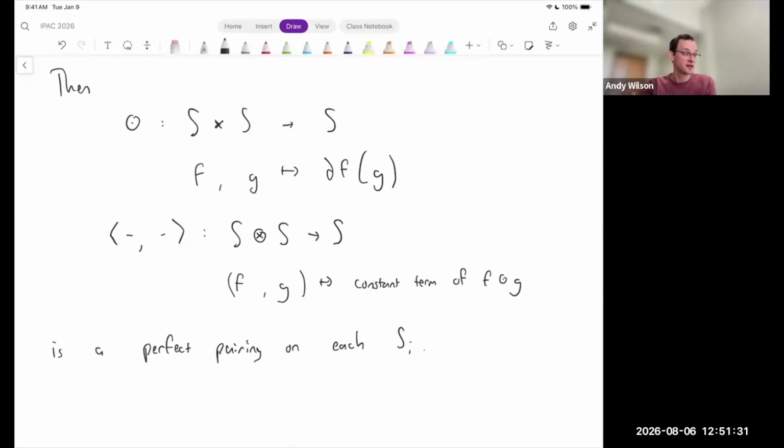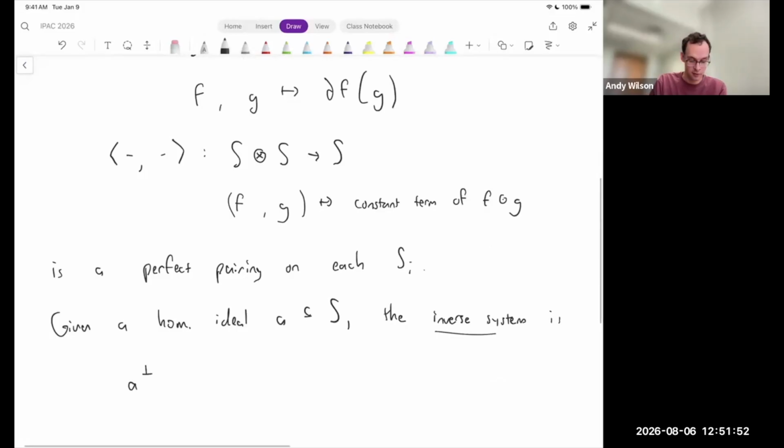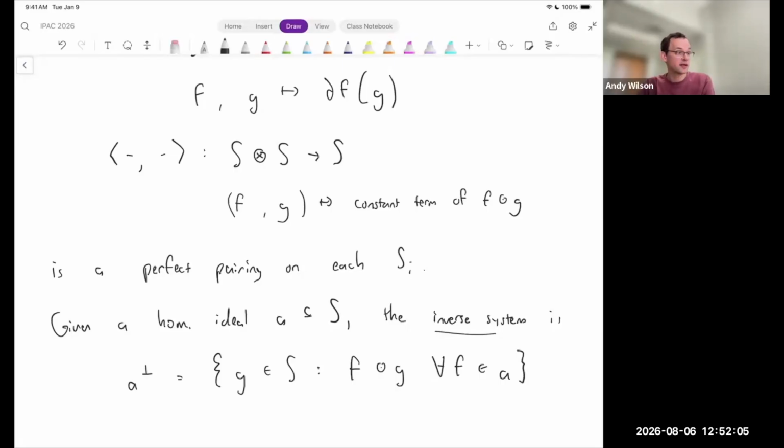This all leads to what's called an inverse system. So given a homogeneous ideal, the inverse system, or Macaulay inverse system, of this ideal, often written as I perp. So this is all the polynomials g that when we apply any f from the ideal to g, we get 0. Okay.